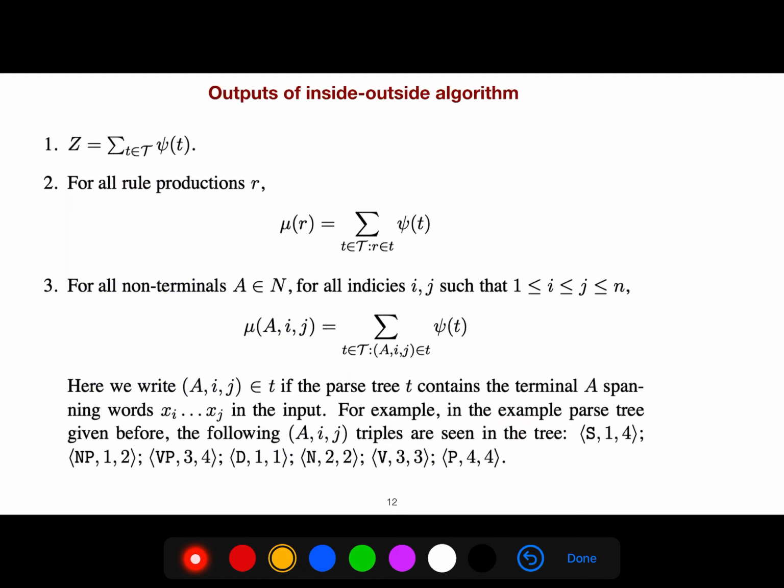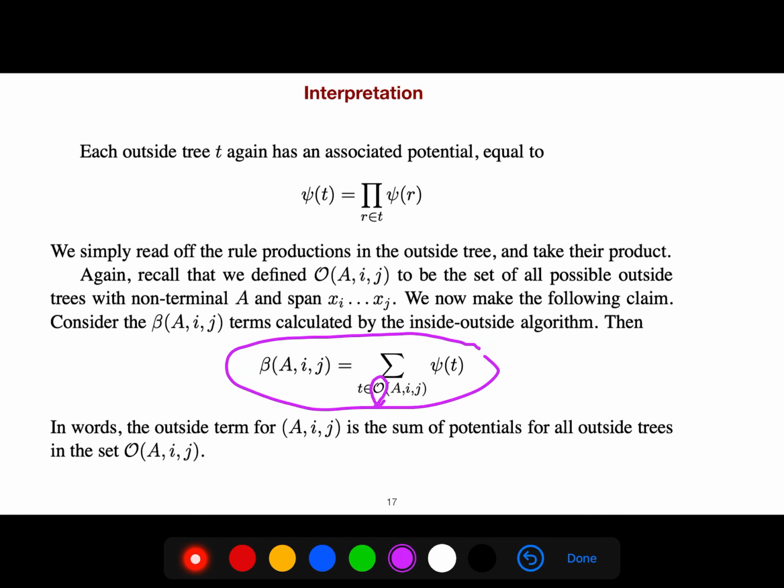So what is the interpretation of that? Each T has an associated potential, so we wanted to calculate psi of t. So alpha is nothing but the summation of all these potentials. And also we can interpret beta because it's a summation, but it is the outer side.